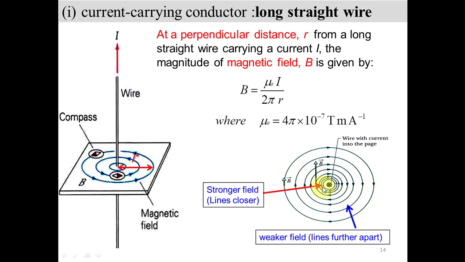You can see the lines closer together here show that the magnetic field is stronger, compared to these lines further apart, which show that the magnetic field is weaker.